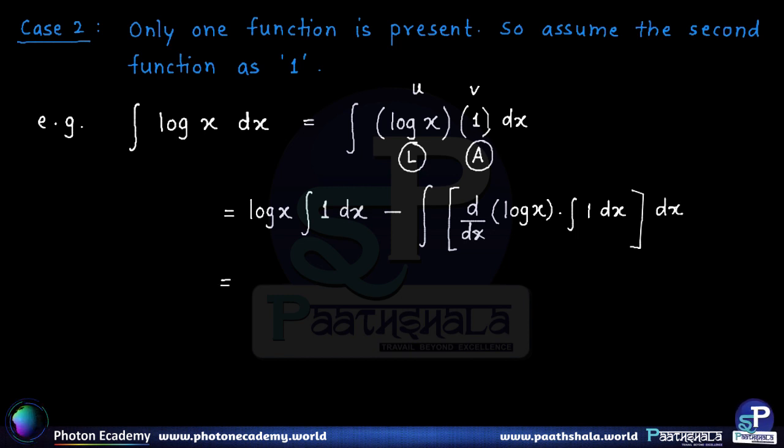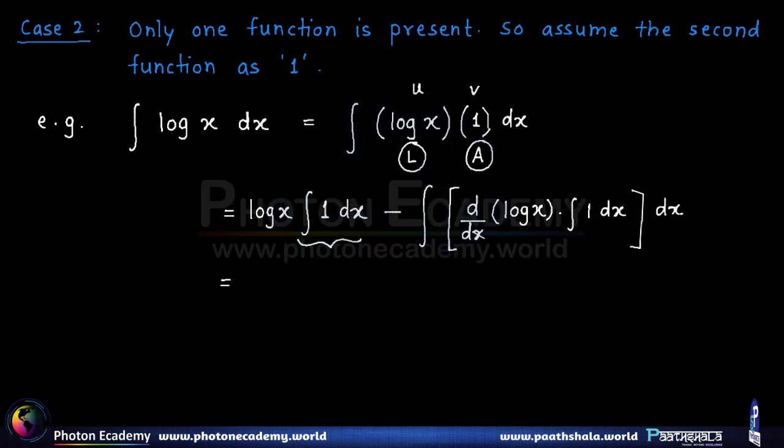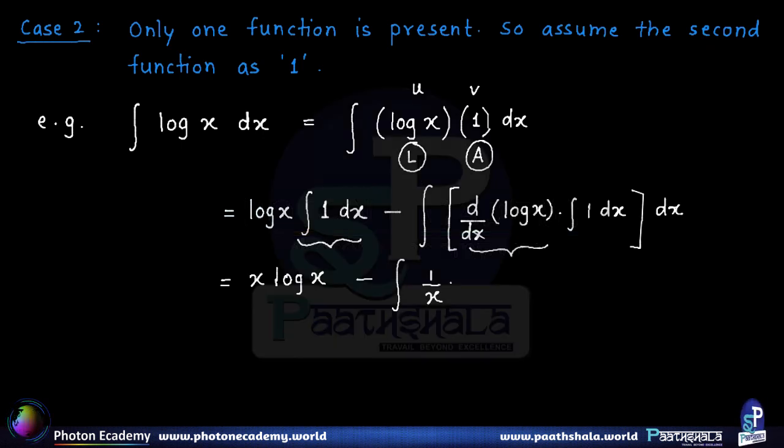Now the integral of 1 is x, so let us write it as x log x, right, minus the integral of, now the derivative of log x is 1 upon x into the integral of 1, which is x itself.